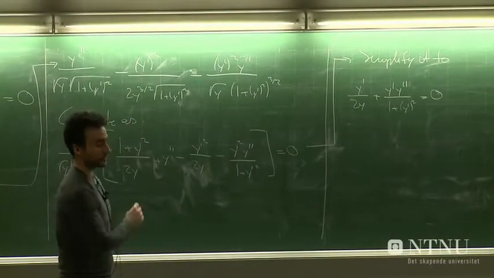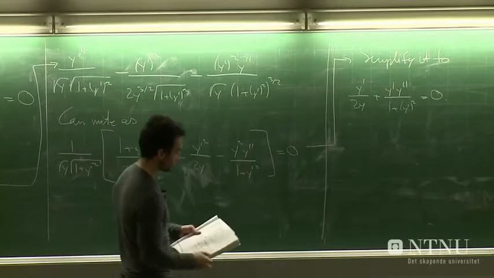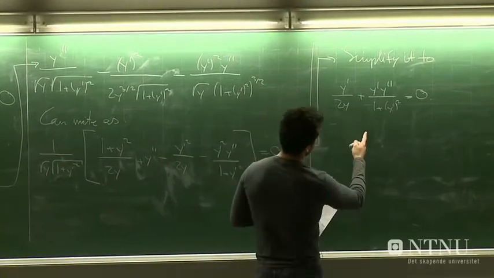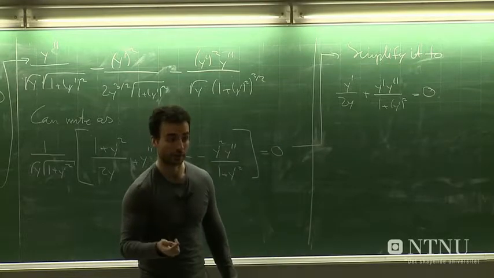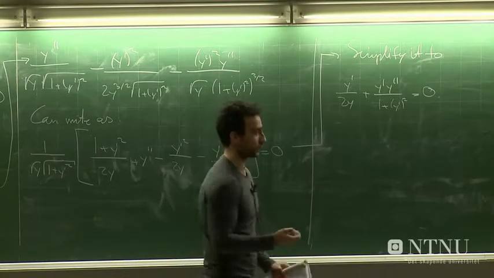You can actually cancel some terms here. This, in turn, can actually be rewritten as the derivative of a logarithm, the natural logarithm.